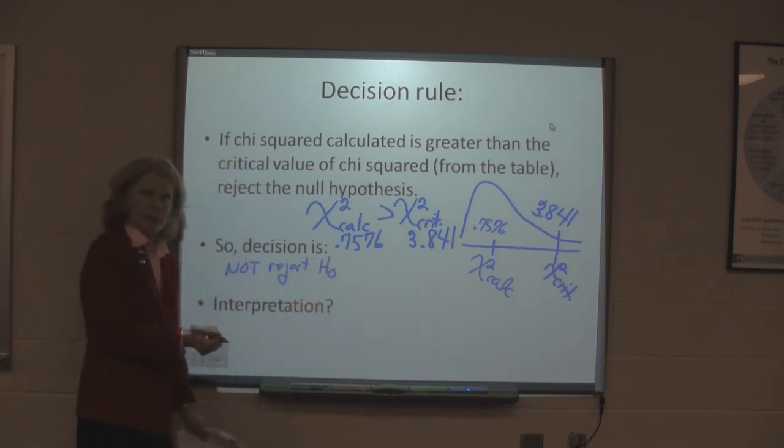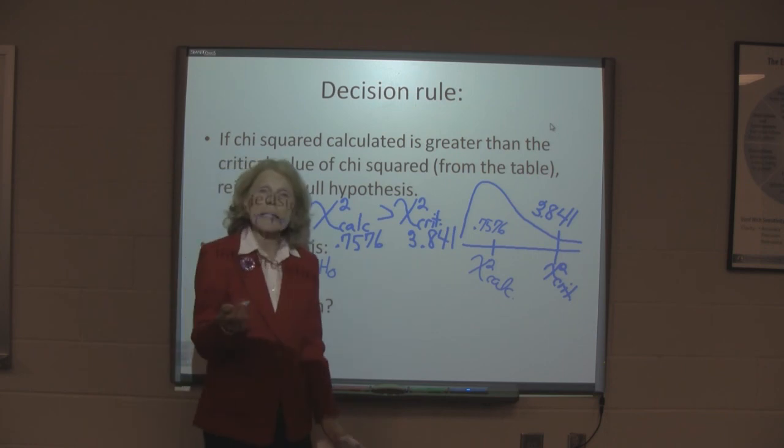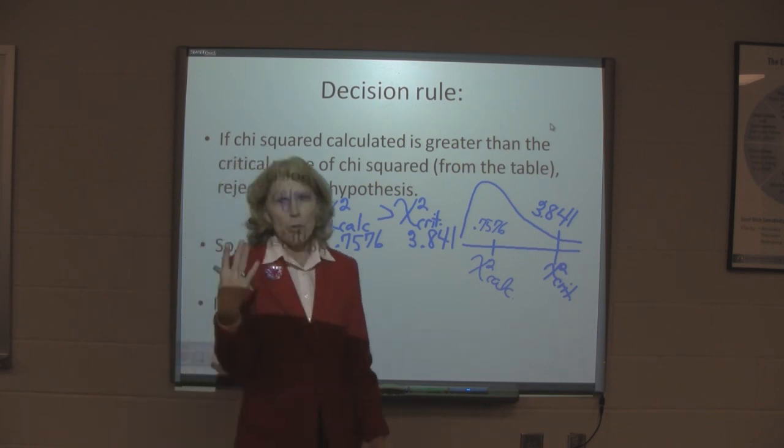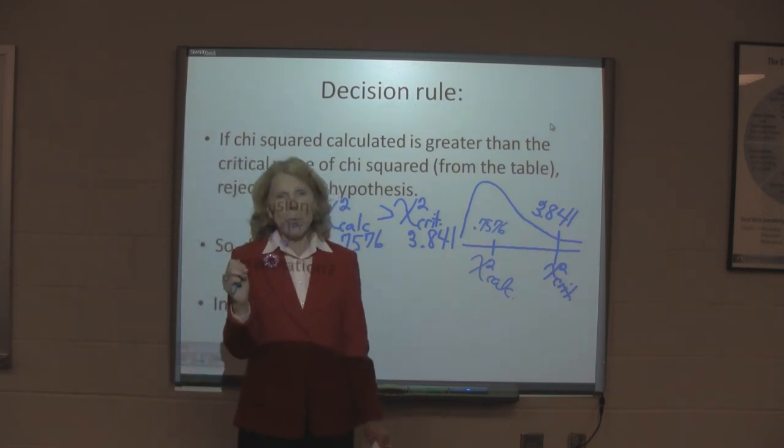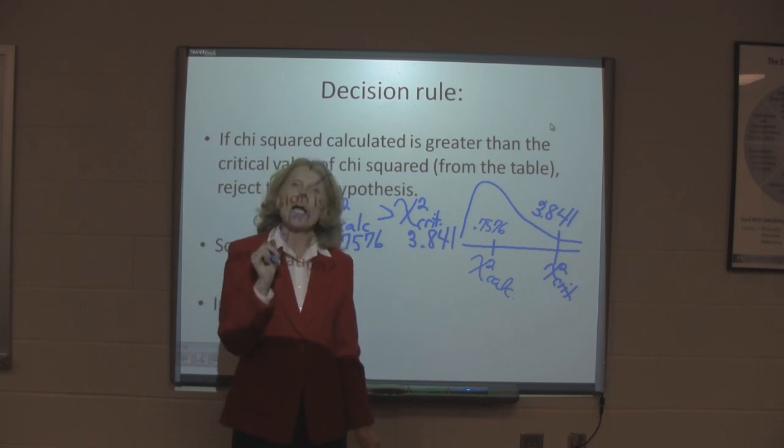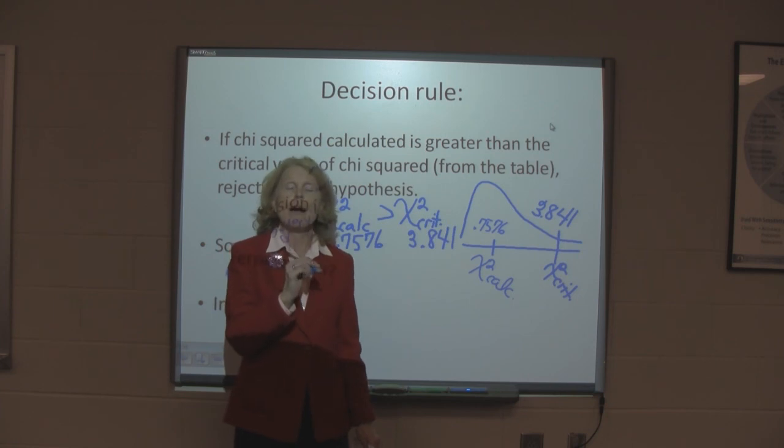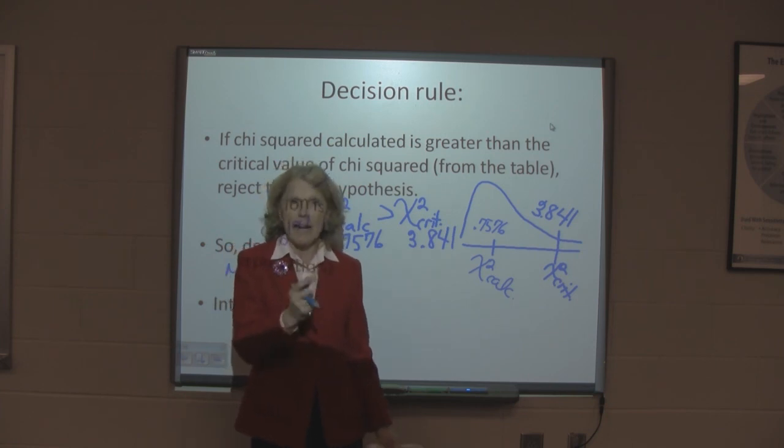Therefore, we're saying that statistically, at 95% confidence, 5% alpha risk, the proportion of females who are left-handed equals the proportion of males that are left-handed.